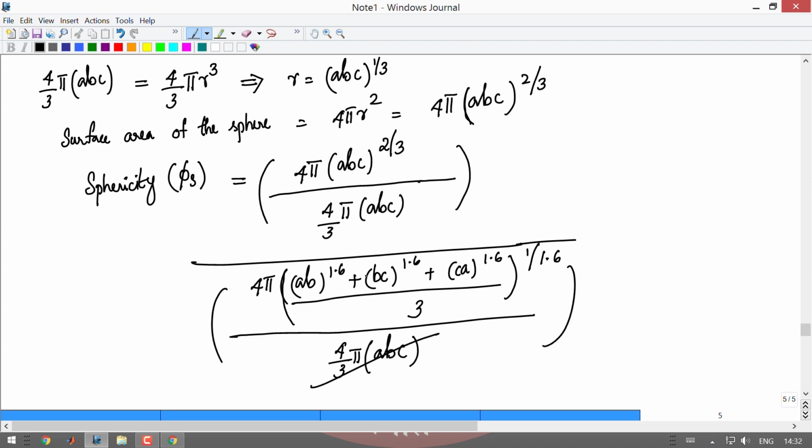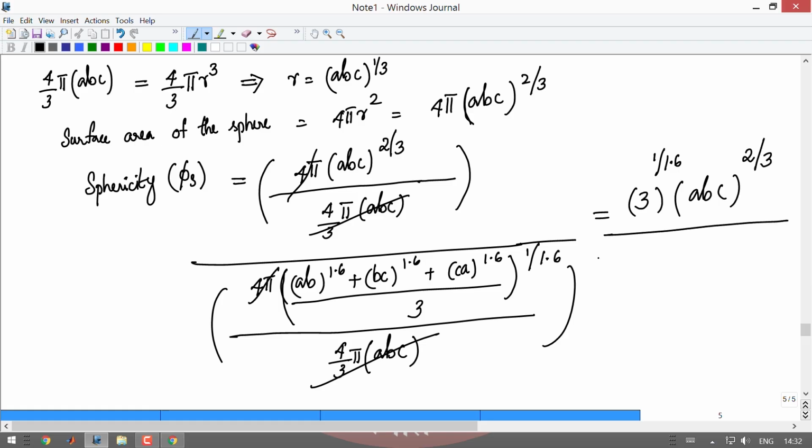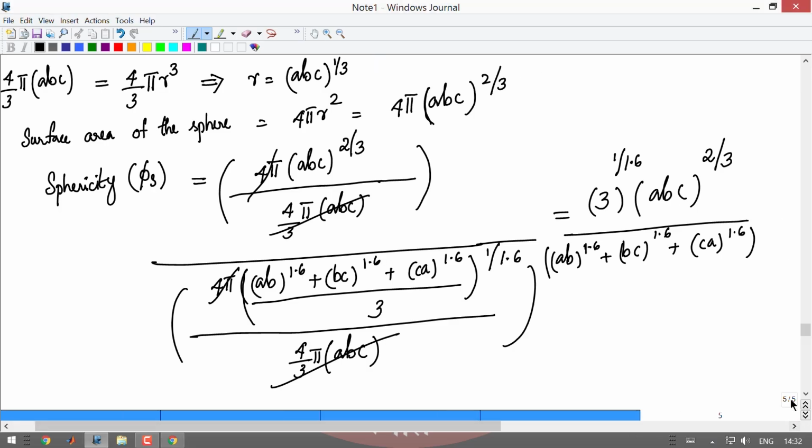So, this and this will cancel out, 4 pi will go, and we will end up with 3 to the power of 1 by 1.6 times ABC to the power of 2 by 3 divided by AB to the power of 1.6 plus BC to the power of 1.6 plus CA to the power of 1.6, whole to the power of 1 divided by 1.6.